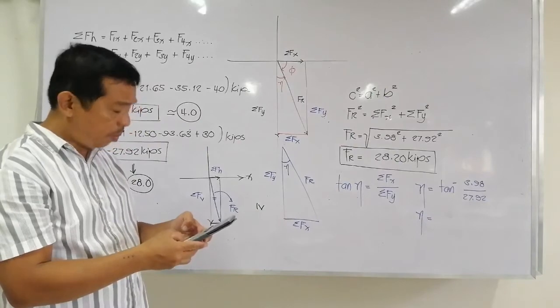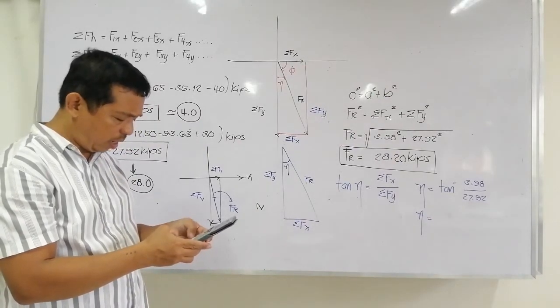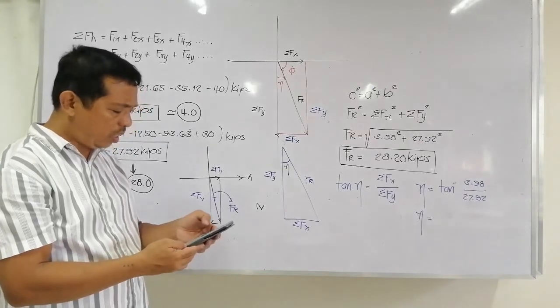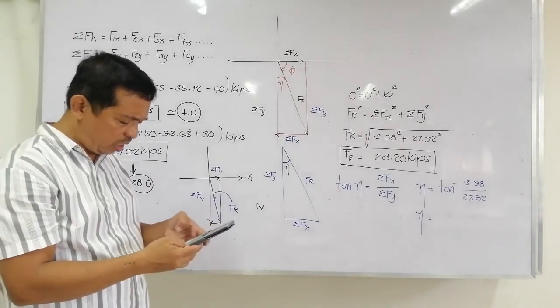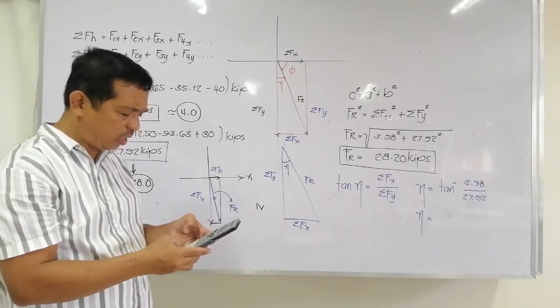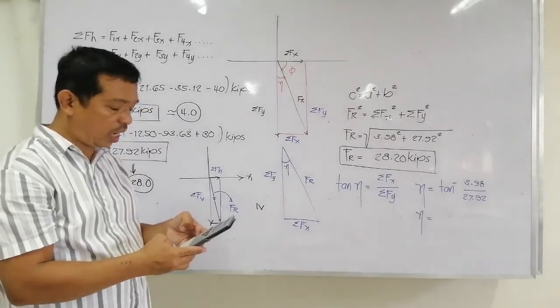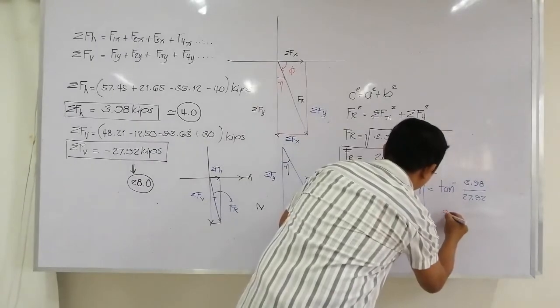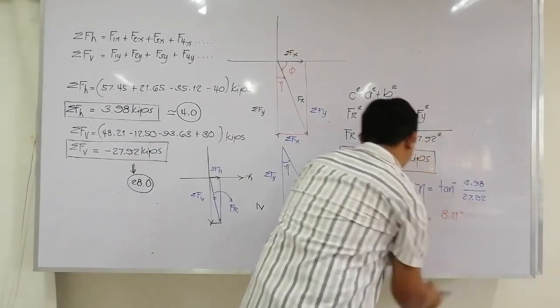Then you will get the inverse tangent of the answer. That gives us 8.11 degrees.